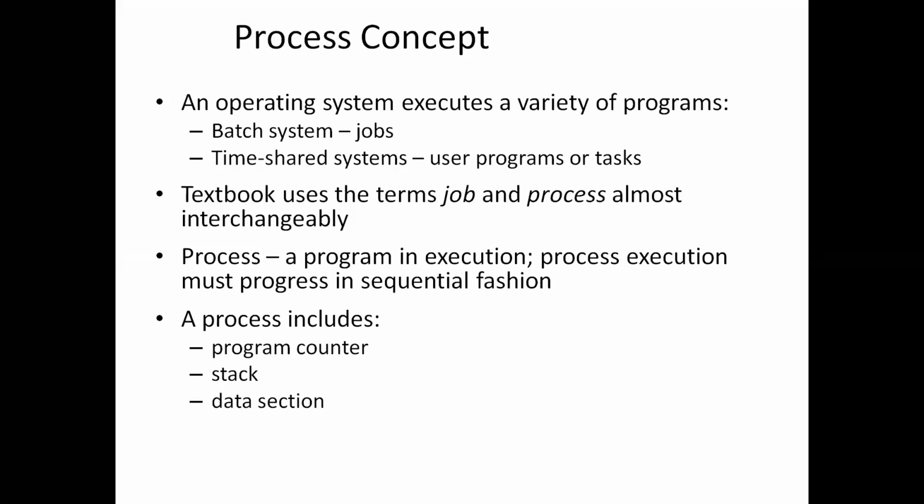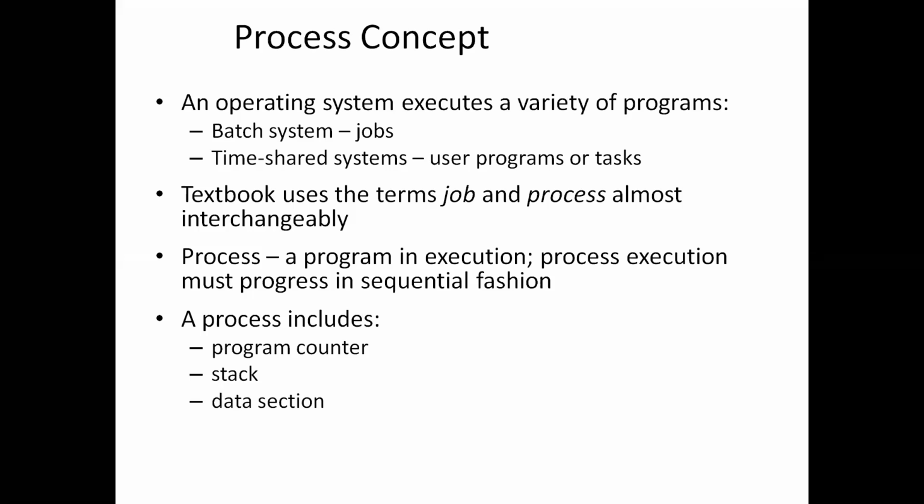The process needs certain resources to do its task. What are the resources? The resources are CPU time, memory, files, and IO devices, all the resources used by the process to accomplish its task.